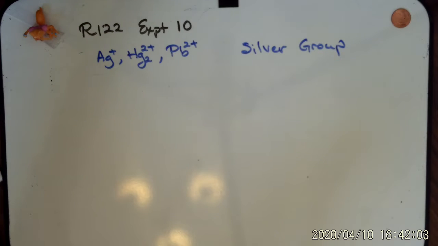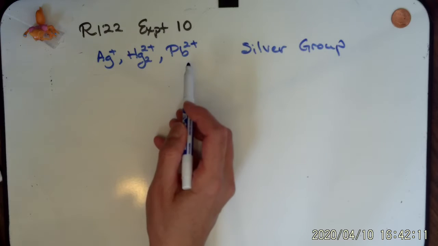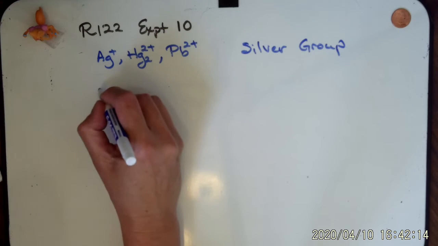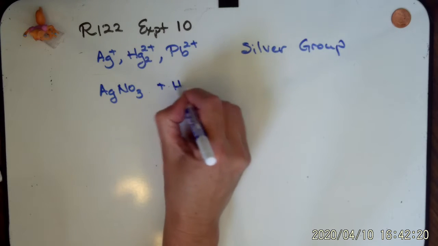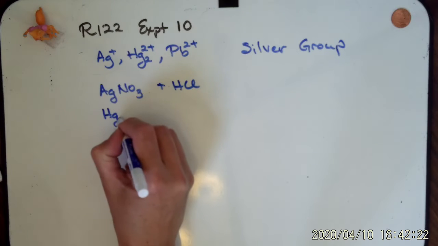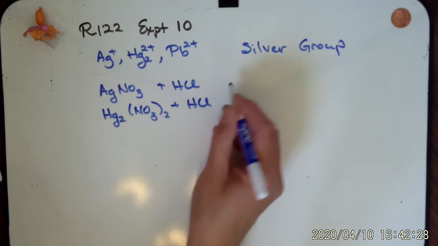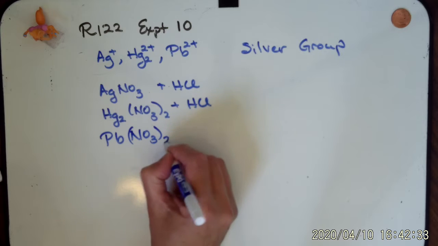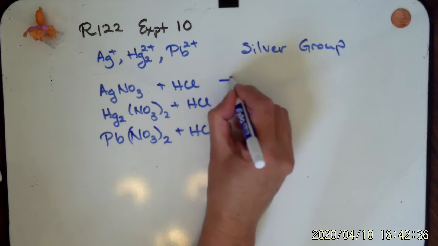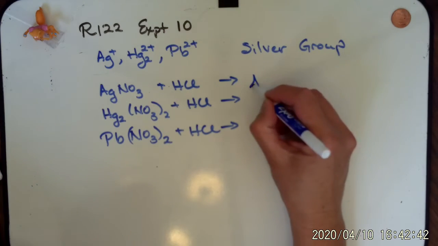So now for experiment 10, we're looking at the silver group. So we're looking for the presence of silver ion, mercury 1 ion, lead 2 ion. So when we add hydrochloric acid to my nitrate solutions, what we're going to get is a precipitate.